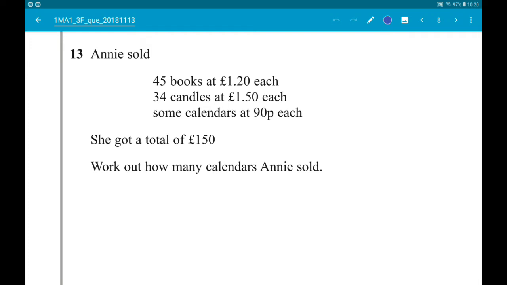So 45 times £1.20. Now again, remember it's calculator paper, so that is going to be £54.